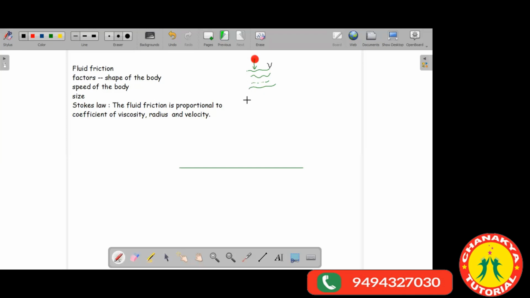So the backward force that it will experience, the dragging force, will be opposite to the direction of velocity.